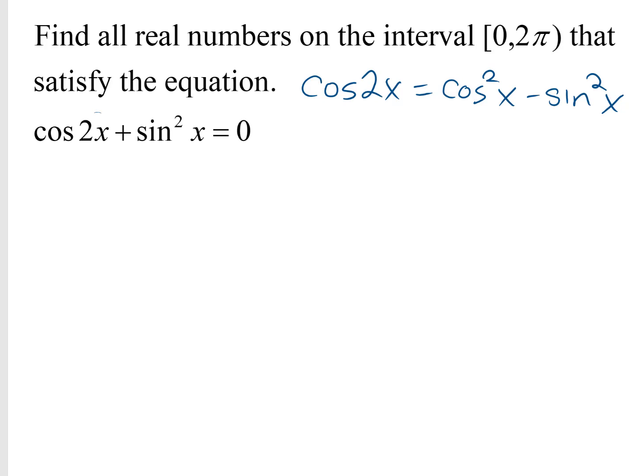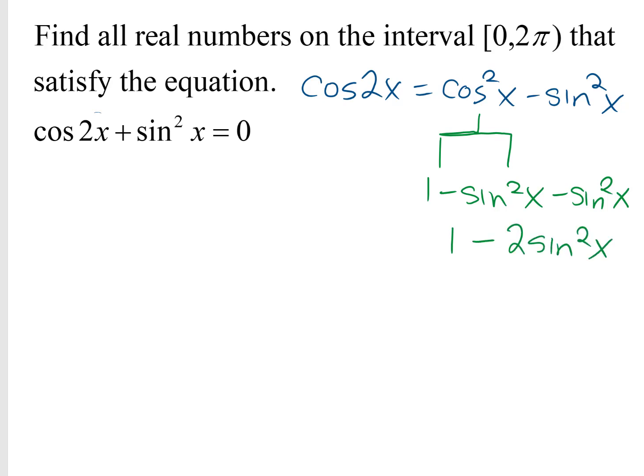So to make it better, let's use a Pythagorean identity for cosine squared. It's 1 minus sine squared x, and then I still have the minus sine squared x on there. So the double angle identity in terms of just sine is 1 minus 2 sine squared x.